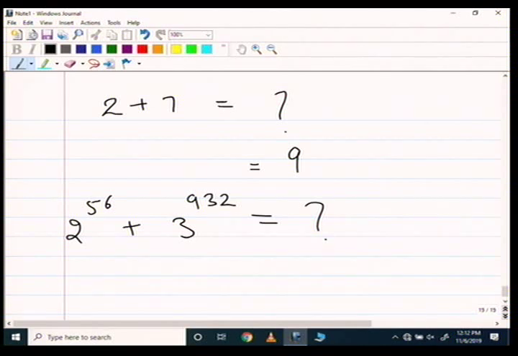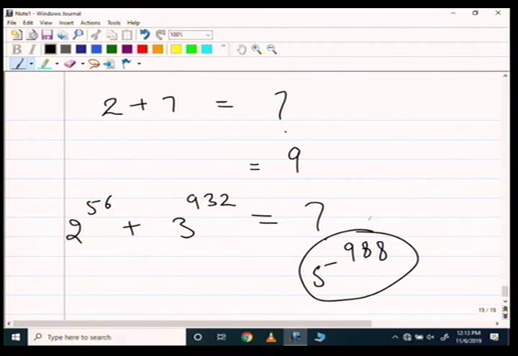Someone said 5 to the power 988. Someone said 2908. For those who got 5 to the power 988, I'm still giving 1 more minute if you want to try this question.